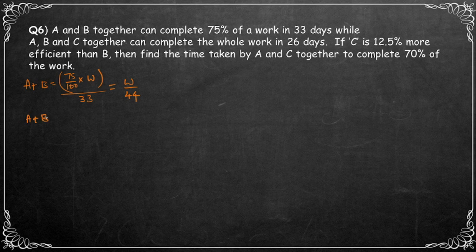A, B and C together can complete that work in 26 days. Now C is 12.5% more efficient than B. So that means 100% of B plus more than that, 12.5% of B. Here this decimal we can remove, so we write 10 in the denominator: 125 over 1000, which simplifies to 1 by 8.